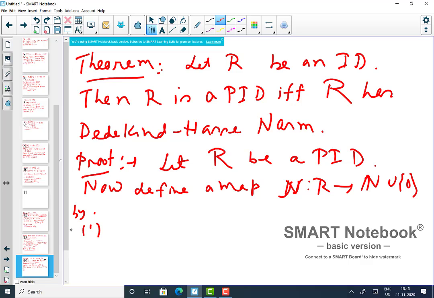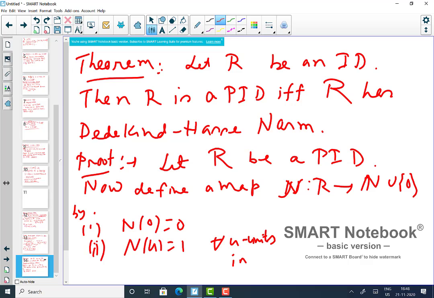First of all, you send 0 to 0 and then all the units. I hope you have understood that in the way you define a Euclidean norm, the units have norm 1, right? So here also you define n equal to 1 for all units in R.